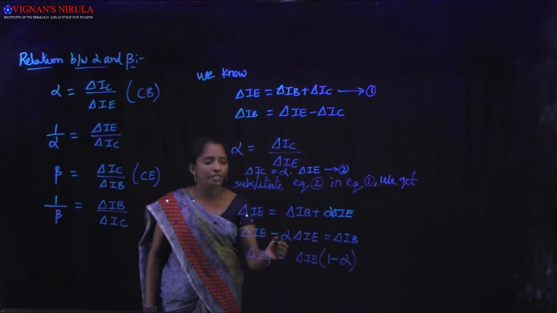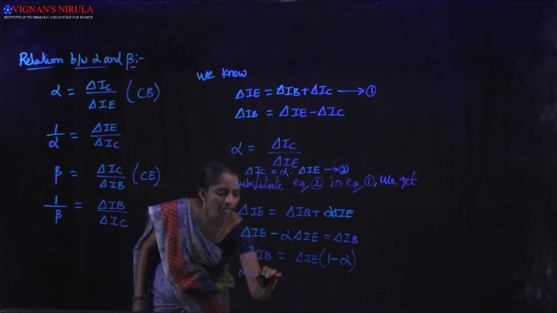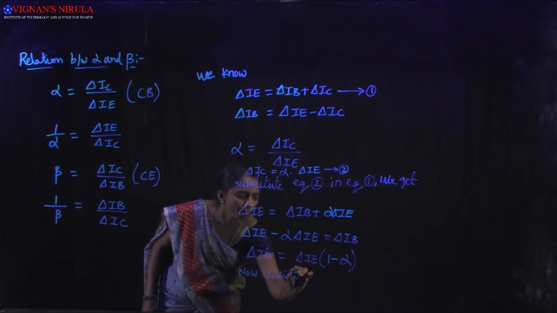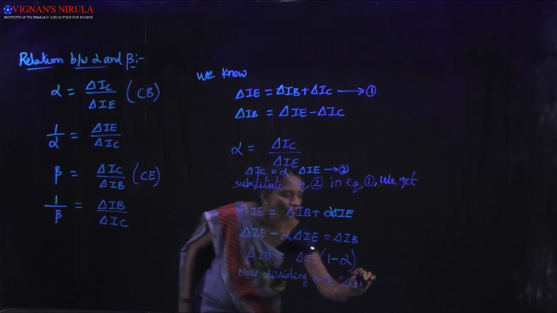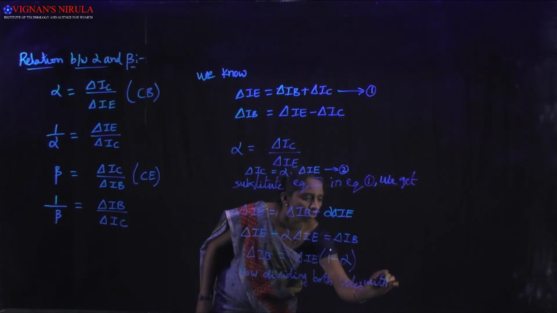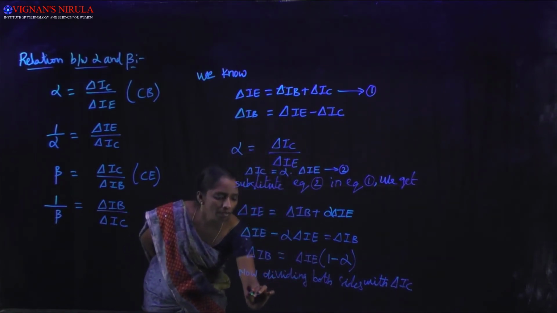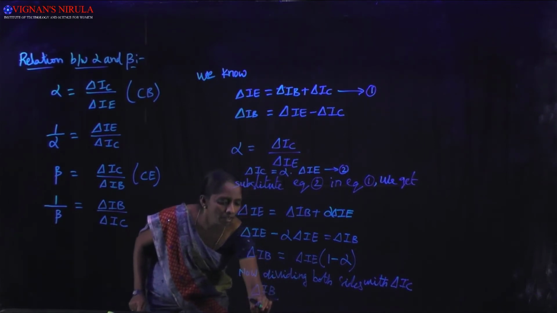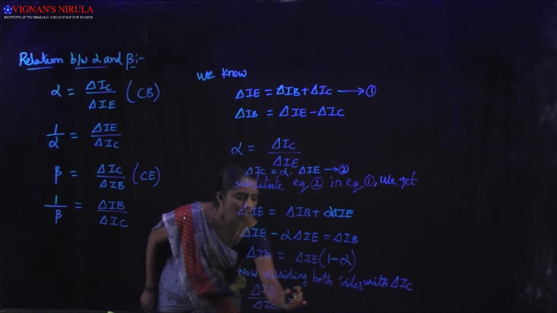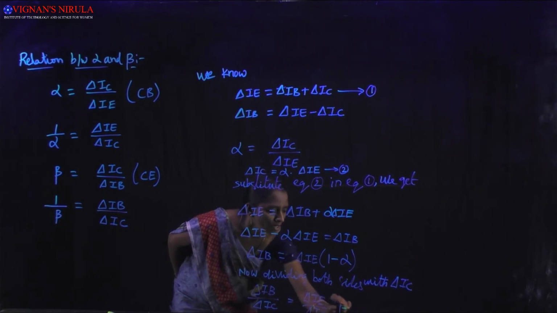Now dividing both sides by delta IC, delta IB by delta IC equal to delta IE divided by delta IC into 1 minus alpha.